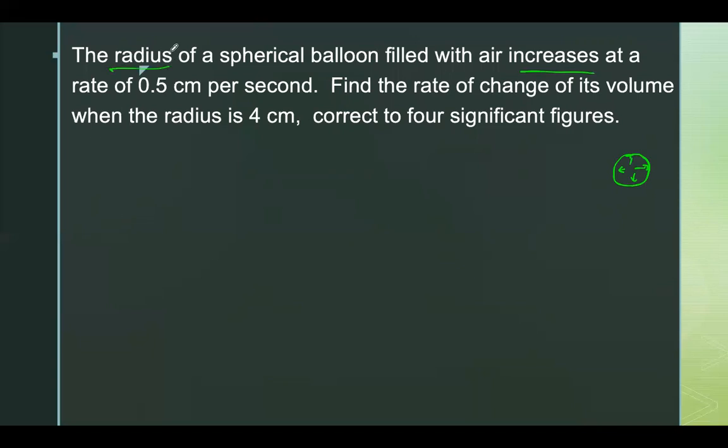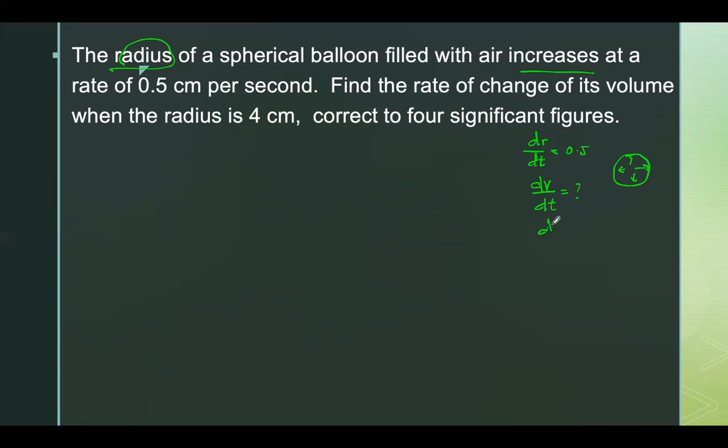Find the rate of change of the volume when its radius is 4 centimeter, correct to 4 significant figures. Now we have dr/dt, increasing 0.5. Then we need to find dV/dt.